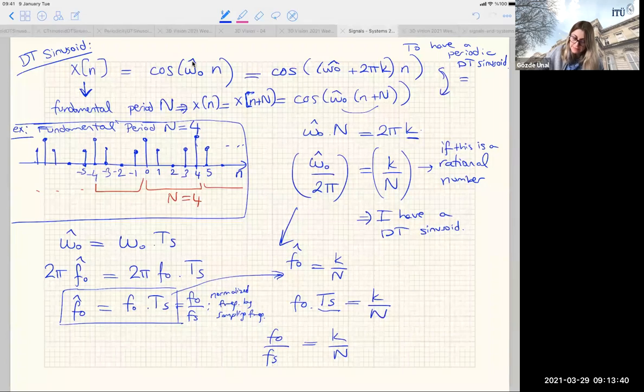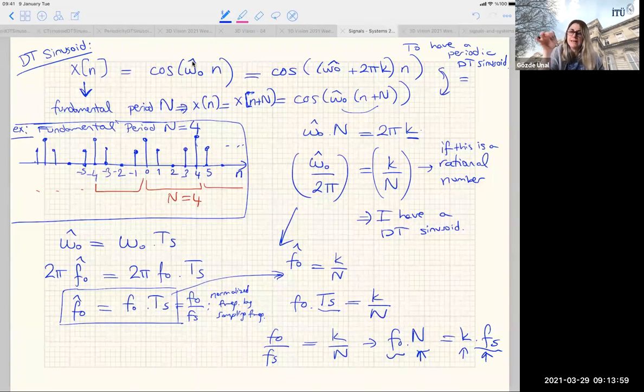So you can see that the frequency in the signal and the sampling frequency should be integer multiples of each other so that I end up with a periodic sinusoid. I think that makes sense, right? That's fair.